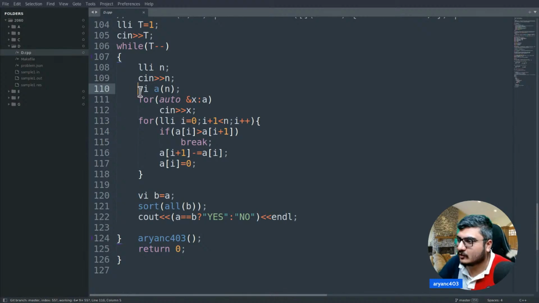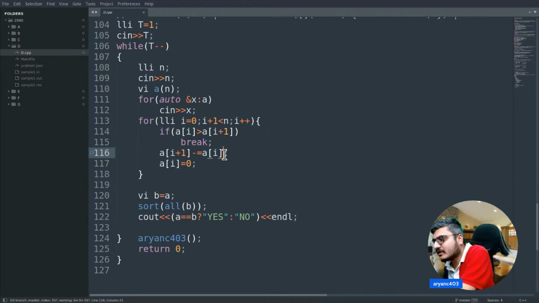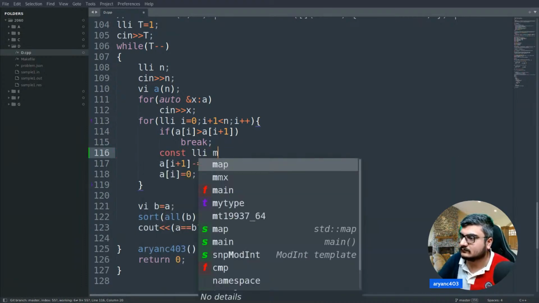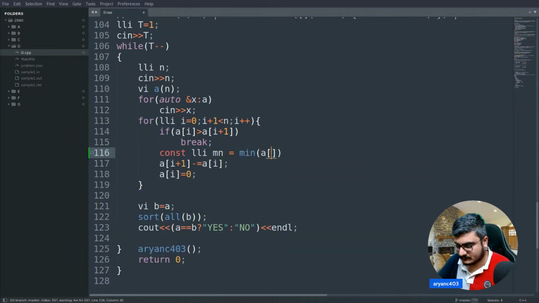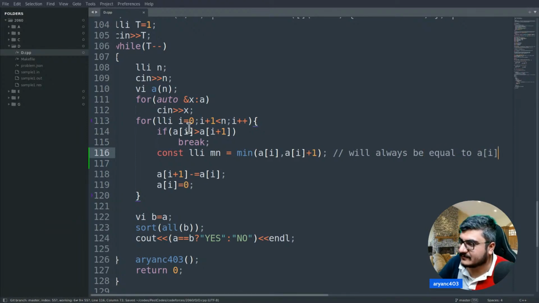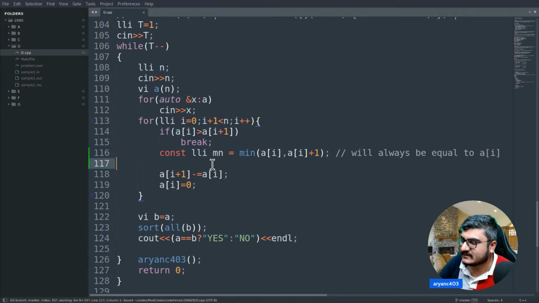The idea is, you read all the numbers. Whenever A_i becomes greater than A_{i+1}, you break there. Otherwise, you know that A_i is less than A_{i+1}. Or probably alternatively, you can just do this, and this minimum will always be equal to the first, because you are only dealing with it when A_i is less than A_0.